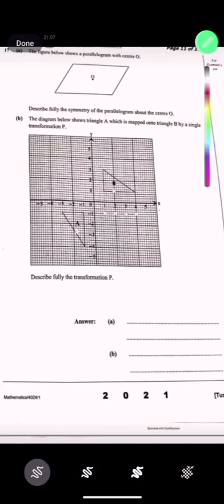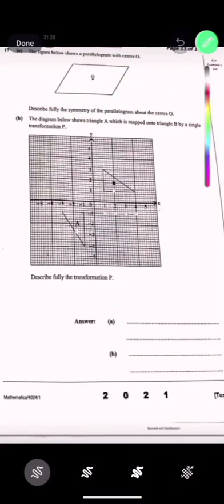It has a rotation symmetry of order 2. You can rotate it such that this part comes here to look the same. So you can rotate it such that this part moves and comes here. That's one.